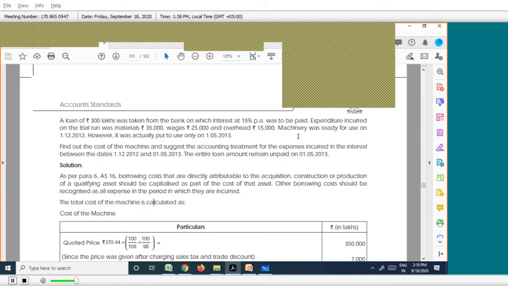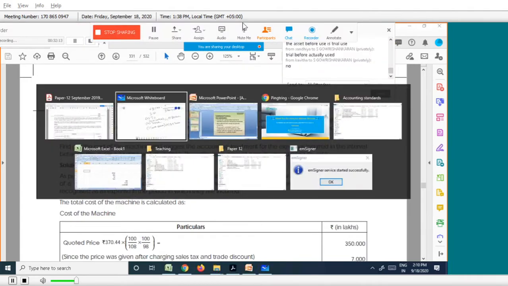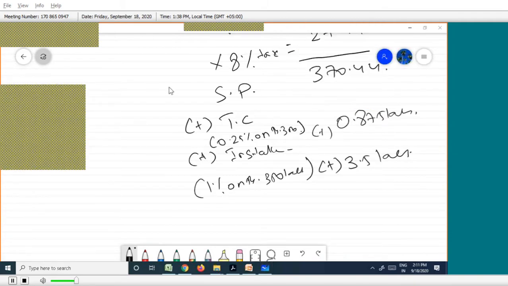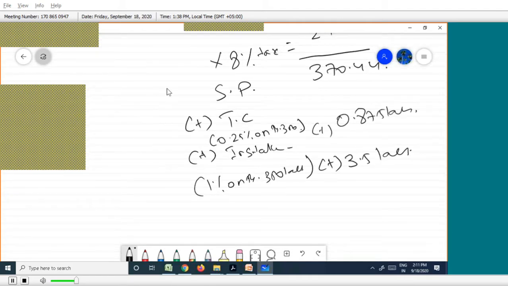That is why I am explaining this. Why should I add? That is the reason. So I am adding those expenditures to my cost of the asset.